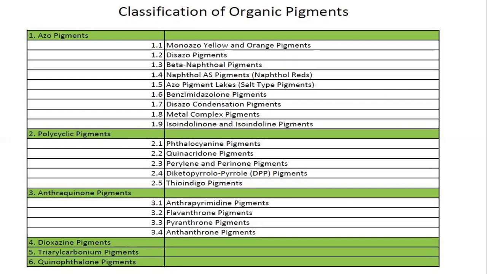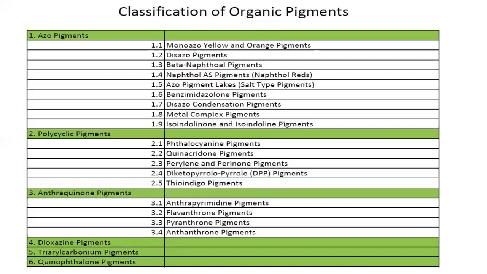Beta naphthol pigments are used to color plastics, automotive finishes, fibers, and also architectural paint. Naphthol AS pigments are the same, used to color automotive and architectural applications.